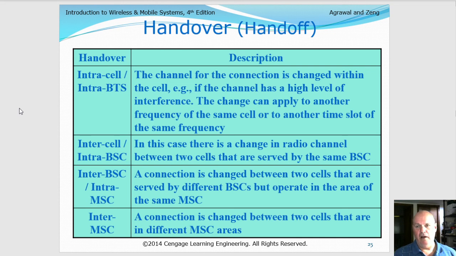Or, if the user is moving between two cells that have different base station controllers, different clusters, that's another type of handoff that requires coordination with the mobile switching center. And then lastly, you could have a handoff where a user is moving between cells that are managed by two different mobile switching centers.